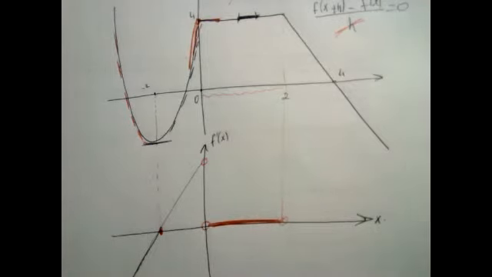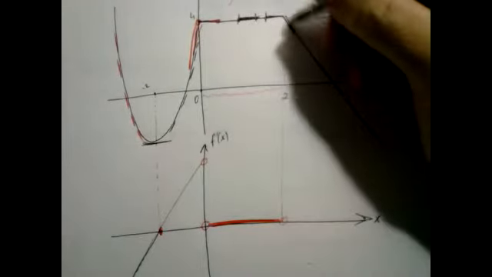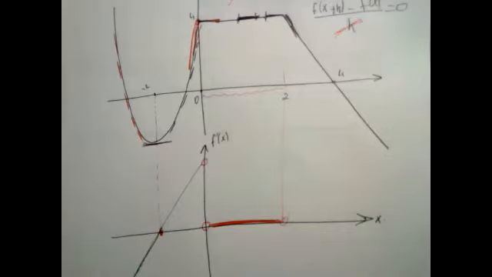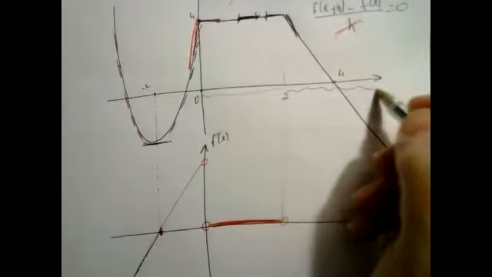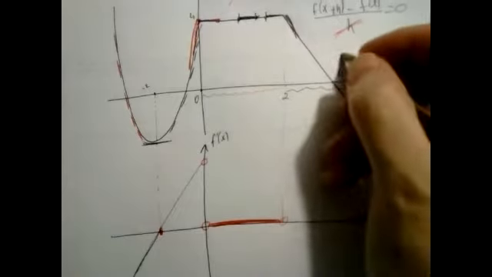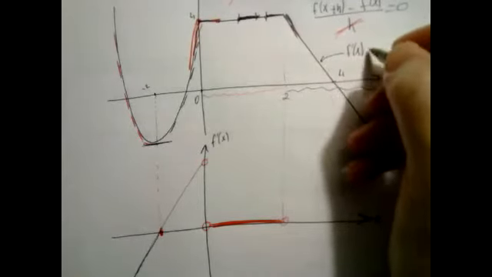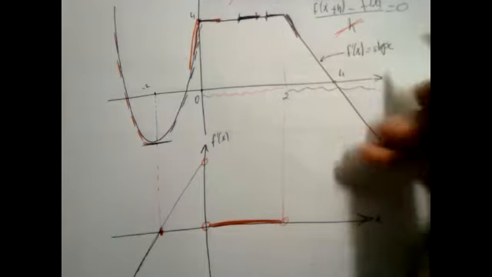Now we had an issue at 2. At 2 again, the slopes from the left are 0, from the right, definitely not 0. It means there is no value, the derivative doesn't exist. But after 2, it's a straight line. And we know that if the function is a straight line, then the derivative is nothing more than the slope of this line.